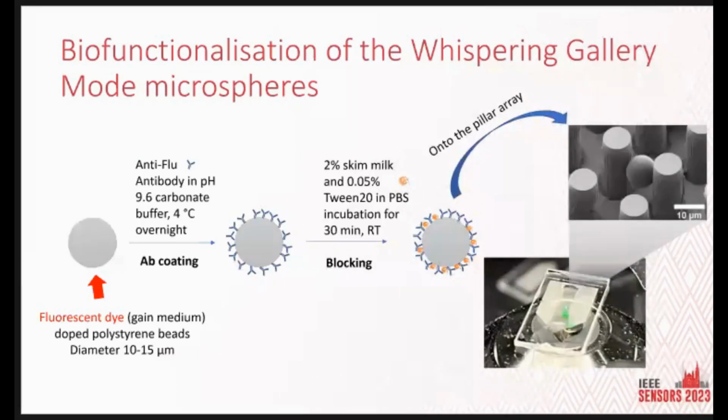So when we shine laser light onto this microsphere, the fluorescent dye will emit light and then generate the resonance. Once we have these antibody coated microspheres, we basically put them onto the micropillar array. If you look clearly at the image on the right hand side, those spheres are trapped between pillars, so they will not move position during our measurements.